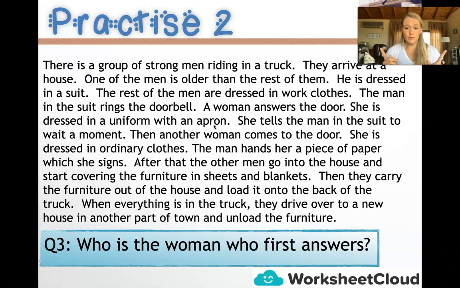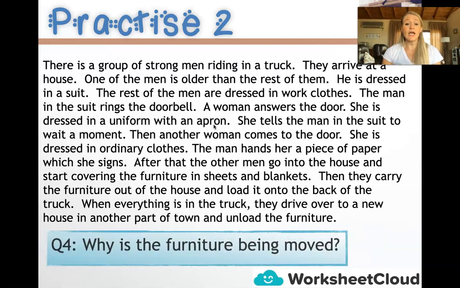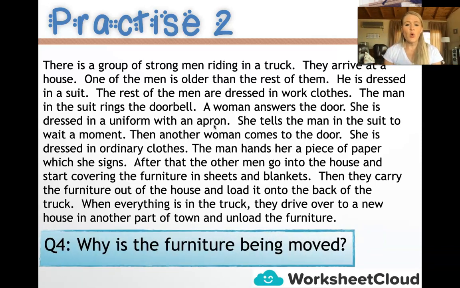So what we can conclude is that the woman who answers the door first must be the helper of the house or the cleaning lady, because she's wearing an apron and a uniform, and so she answered the door.